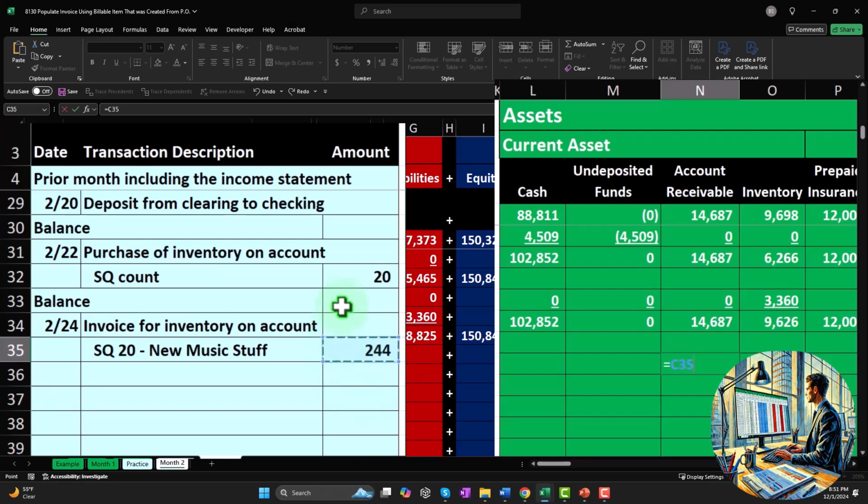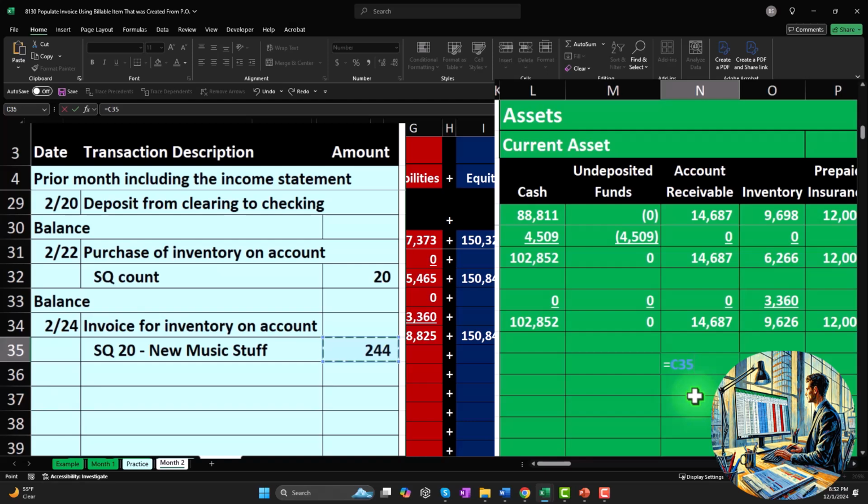Because when I actually entered the bill, I entered it at cost, not the sales price. So that's the thing with which QuickBooks Online is still a little quirky. It's kind of funny because the desktop version actually, I think, did that better than the online version. And I think Xero is actually pretty good at that right now. But that's the thing to keep in mind.